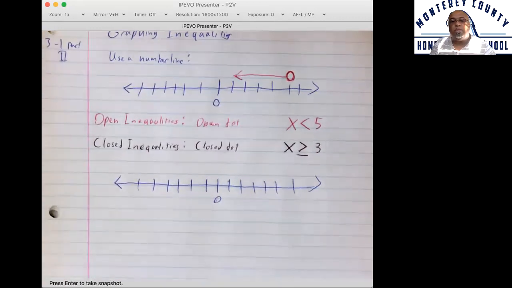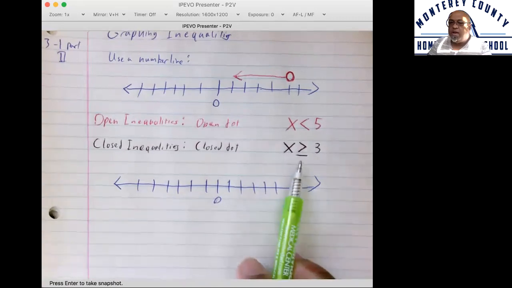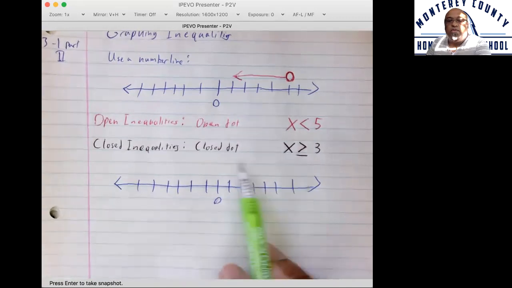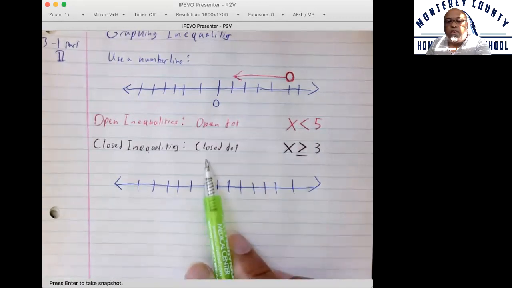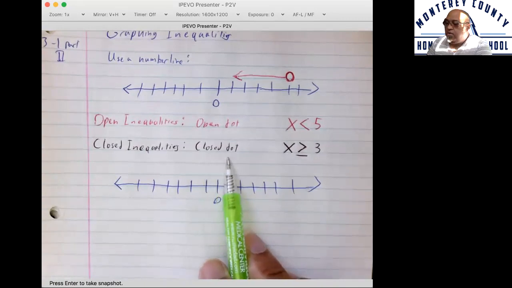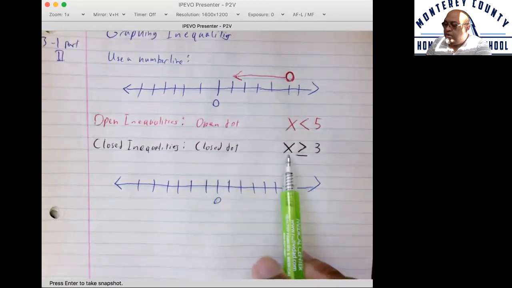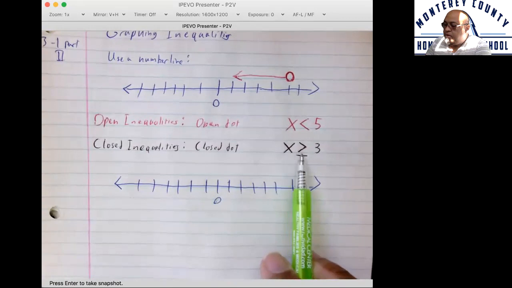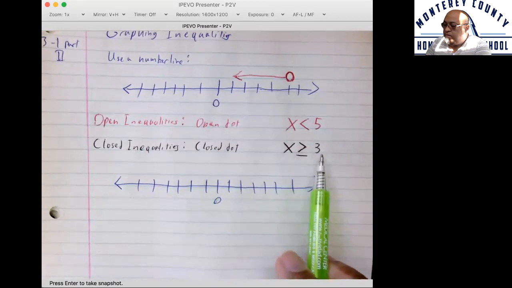Now, with a closed inequality, remember, a closed inequality has the half equal sign at the bottom of it. With a closed inequality, when you graph it, you use a closed dot. So in this one, the statement is x is greater than or equal to 3.